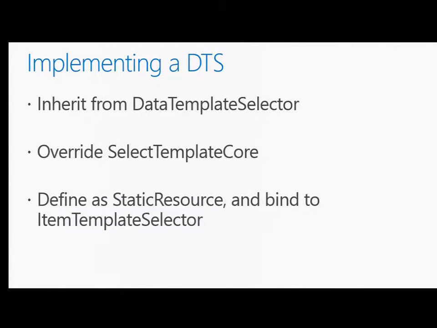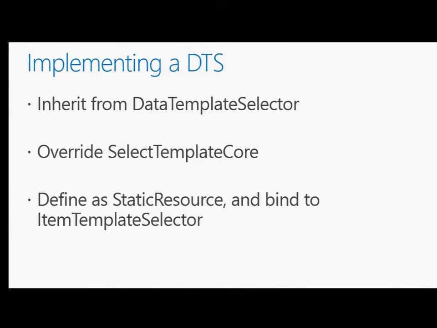And in that select template core method, what you get is the item that's bound, well, one of the items of the item source that's bound to your grid view. So for each item, you will get that item in the data template selector. And then you can look at any property of the item you want to select the correct data template for that item and return that. And that's the data template that will be used to display that specific item.